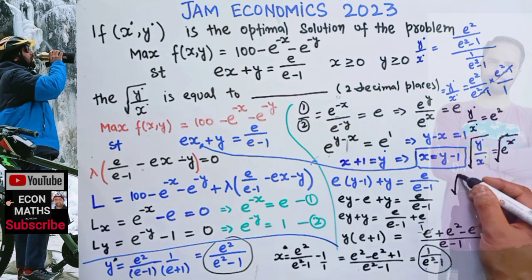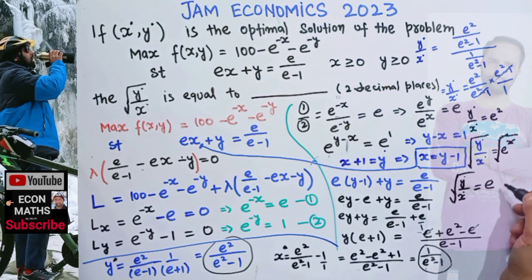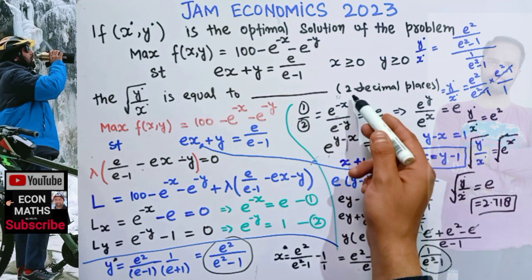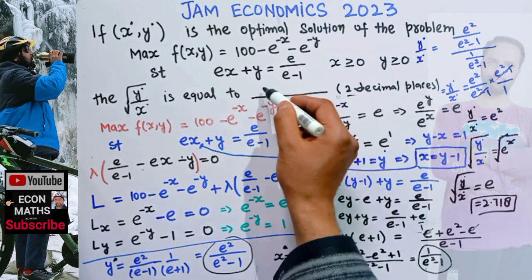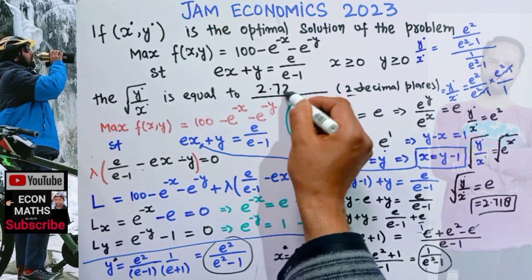That means under root y star upon x star is equal to e, and we know the value of e is 2.718, something like this. Since we have to take two decimal places, we can write it as 2.72. 2.72 will be the answer.